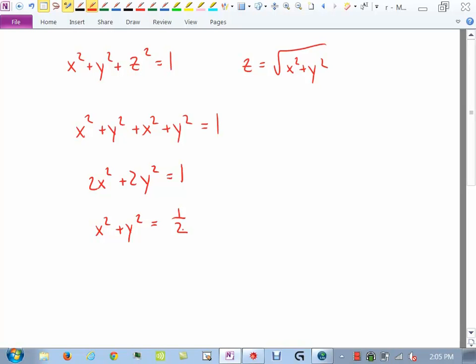So what's the radius of this circle? The radius is, I'll say capital R, the square root of 1/2, which is the same as √2/2. I only put √2/2 because that's just something we see so much in math that everyone should know the square root of 1/2 is √2/2.